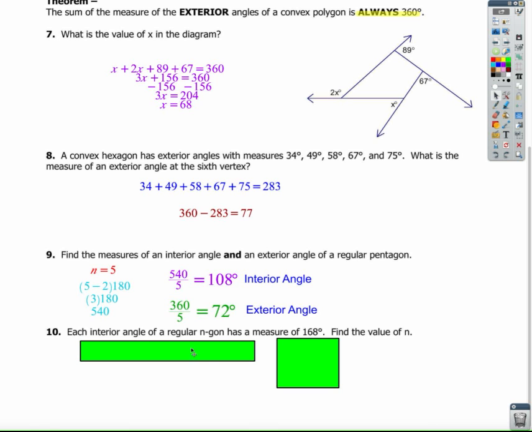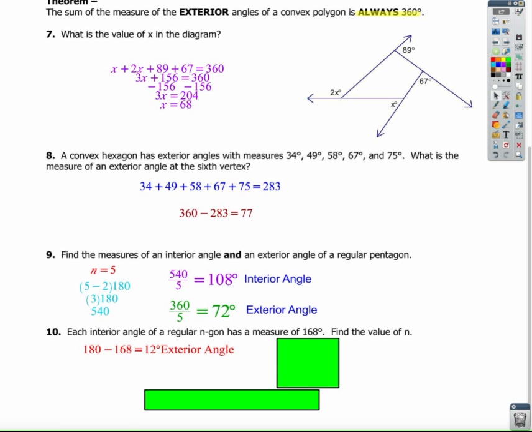So that linear pair, if 168 plus another angle have to form a linear pair, I can simply subtract from 180 to see that the exterior angle at this angle must be 12 degrees. Since it's a regular n-gon, all of the exterior angles have to be the same measure. They are all 12 degrees.